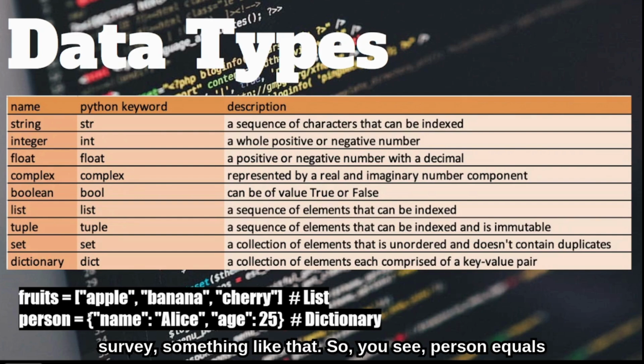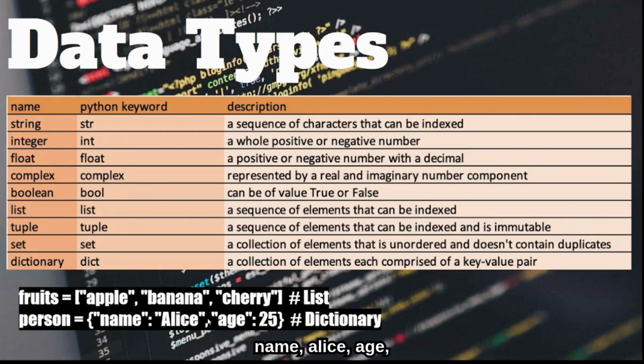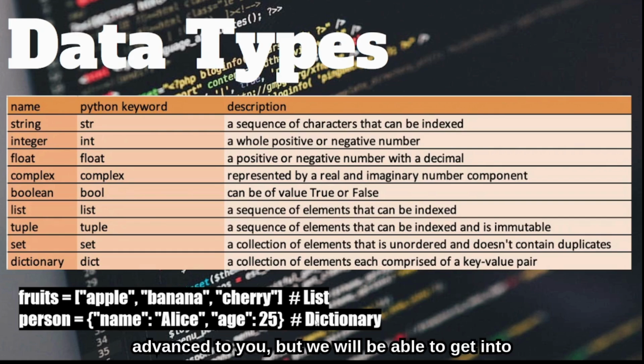As you can see, person equals name, Alice, comma, age, 25. This might seem very advanced to you, but we will get into the easier stuff later on. I'm just going to say that lists help you store multiple values, write that down, and dictionaries help structure data with key values, which is really useful in real world data.